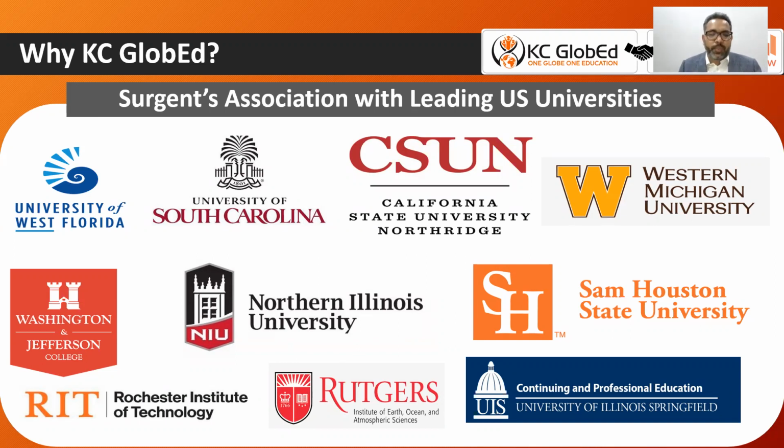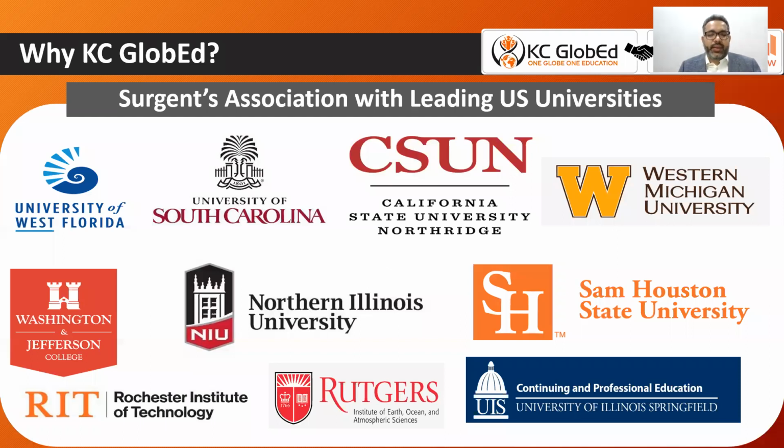These are some of the top universities with whom Surgent has association, including University of Florida, California, Colorado, Washington DC, Illinois, Chicago, Rochester, Michigan, Sam Houston, and many more. So they have association with more than 100 universities.